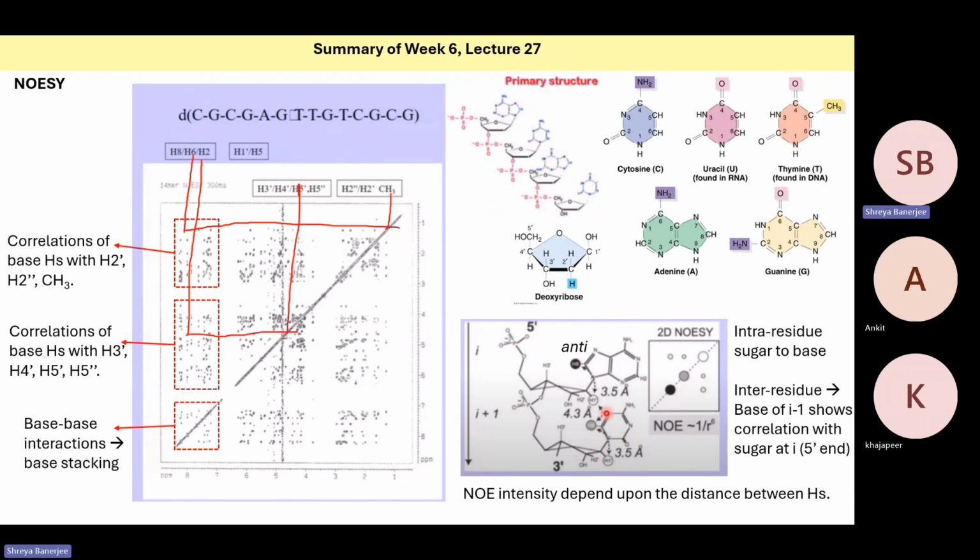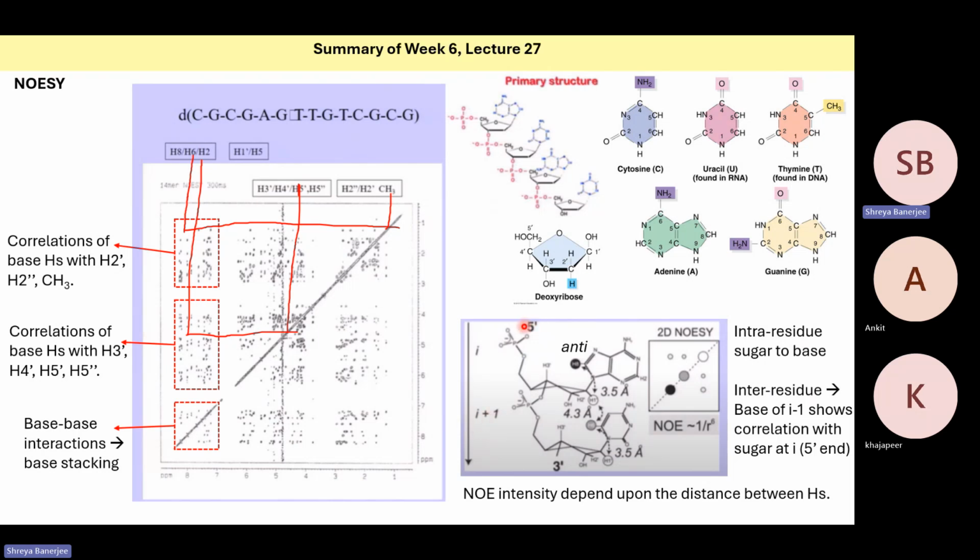The more interesting NOE is between the two residues, or inter-residue interaction. So basically, the H1 prime shows interaction with this hydrogen of the nitrogenous base, and this is called inter-residue because it is between two residues. So the sugar proton will interact with the nitrogenous base at the i plus first end.